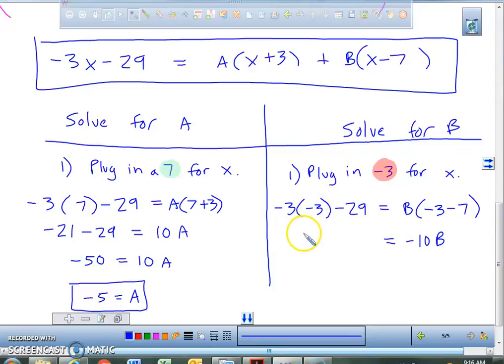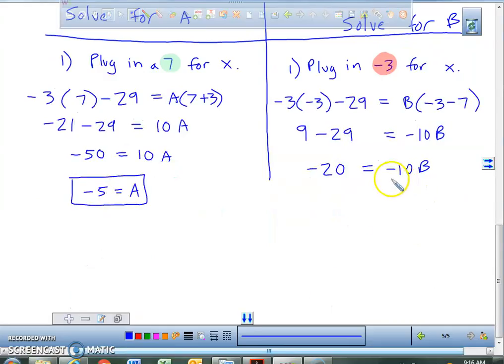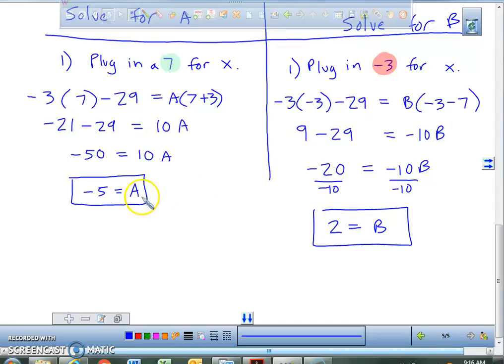Negative 3 times negative 3 is 9. 9 minus 29 is negative 20. If I divided both sides right here by negative 10, what is my b value equal to? 2. Now, I'm not done with my final answer, but I did find what? I did find a and I did find b.